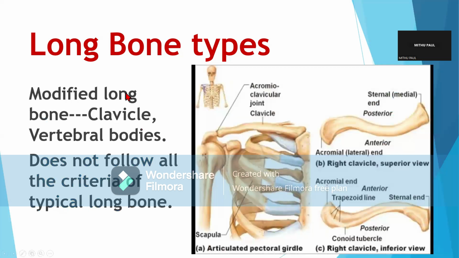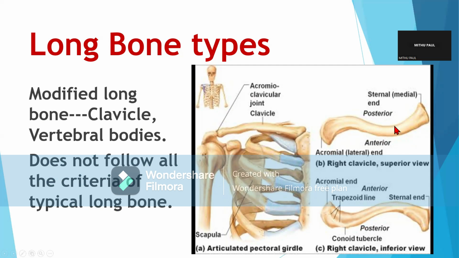Then coming to some long bones which follow some of the features, but because of the region they are lying, doing the functions they need to do, they are modified some way. Okay, how it is modified will be explained for individual bones. So these are called the modified long bones. Such modified long bones are, one is clavicle.